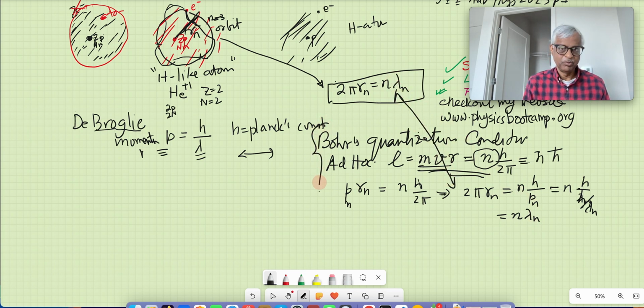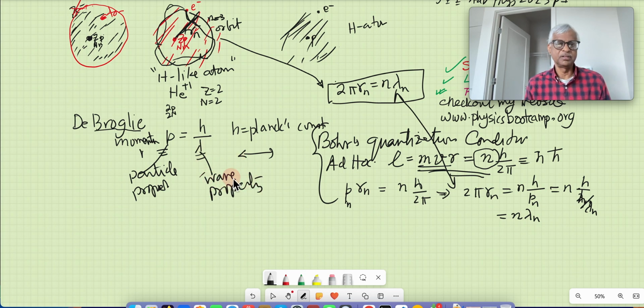So Bohr's quantization actually leads to this momentum being related to the associated wave. This is a particle property, and this is a wave property.